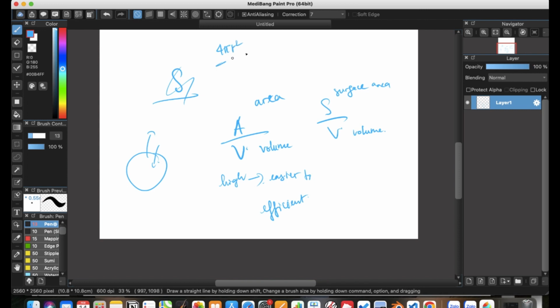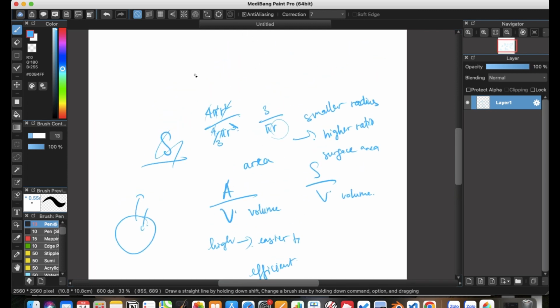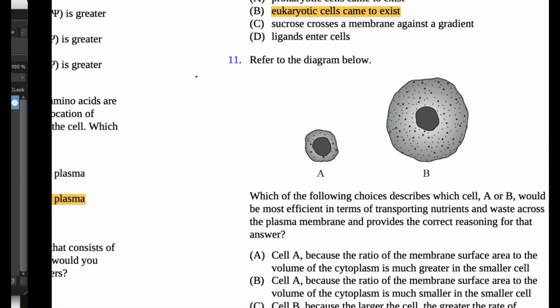If you take a little bit of math into it, you can see that it's something like this. It is inversely proportional to the radius. So the smaller the radius, the higher the ratio. This is for, say, spherical cells, but it's the same for most cells.